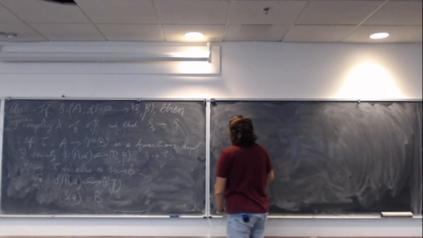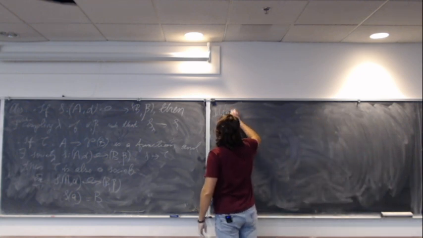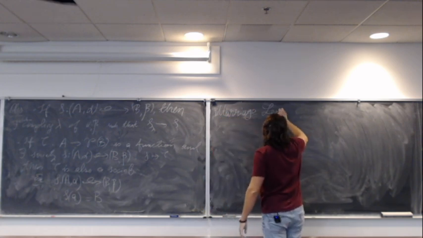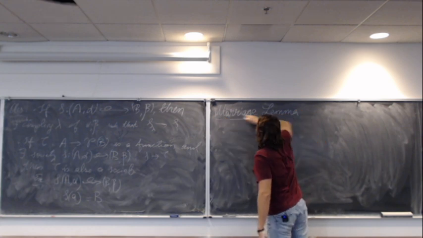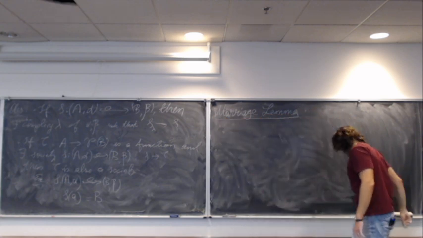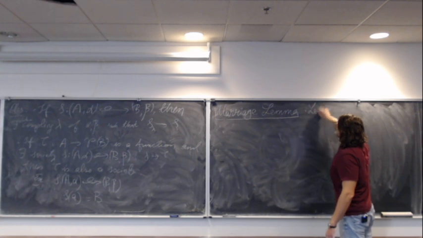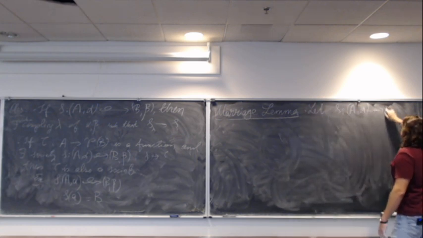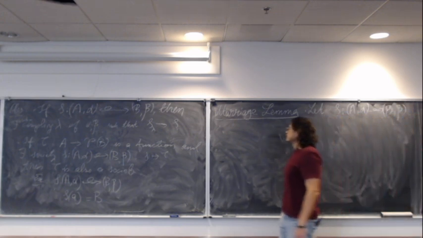So now the marriage lemma. Let S be a society from A alpha to B beta.